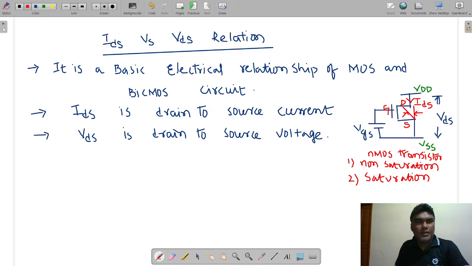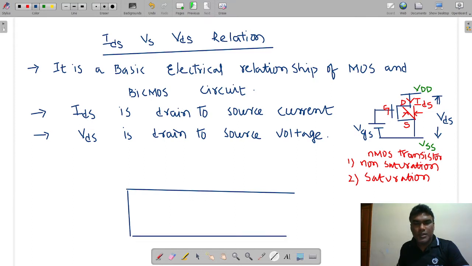Let us see this in the figure representation. Let us take an NMOS transistor: source, SiO2 layer, drain, and polysilicon acting as the gate.